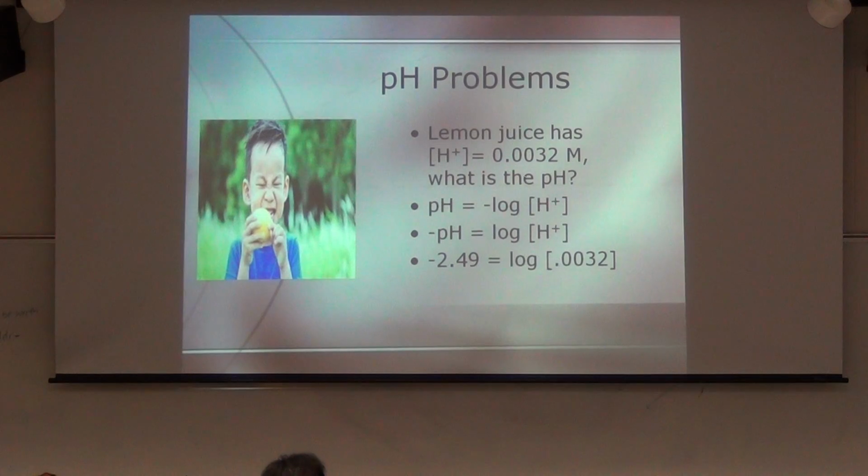So your pH is equal to the negative log of the concentration. That means the negative pH is going to be equal to the log of the concentration if you type in 0.0032 and hit your log button. That'll give you negative 2.49, which is the negative of your pH, so your pH is actually 2.49.